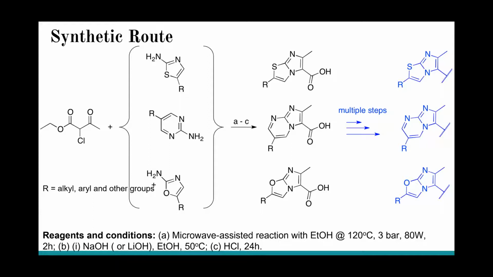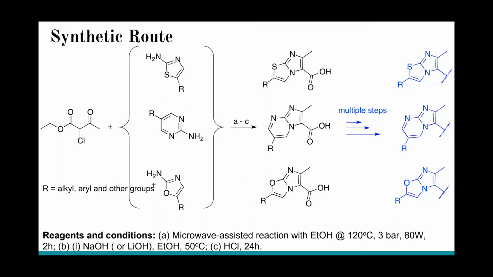So the first synthesis was that of the carboxylic acid derivatives, and it was done by reacting the chloroacetoacetate with either the thiazole or pyrimidine or oxazole, depending on which scaffold you want to produce.